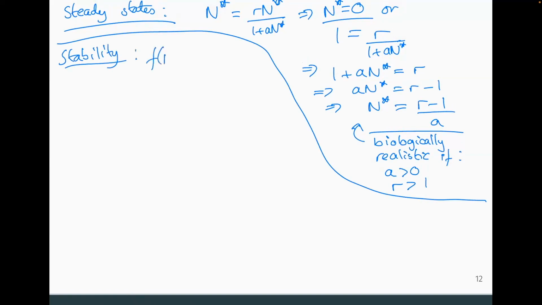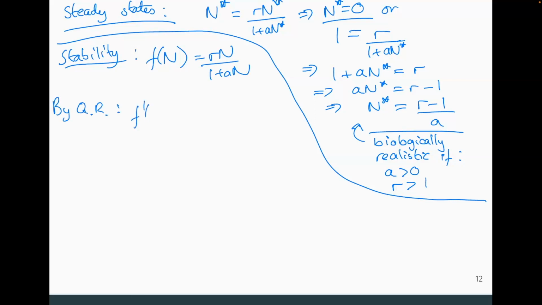Recall our growth function, f of n is equal to Rn over 1 plus an. To find our stability, we need to take the derivative of this with respect to n. So here we're going to need to use the quotient rule, QR.